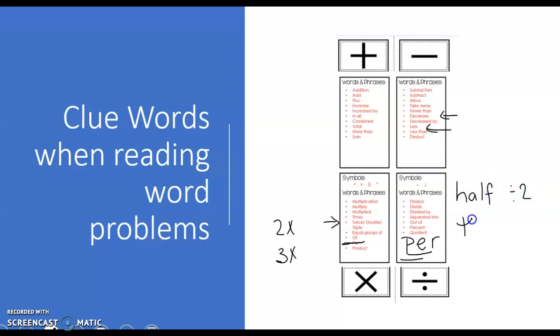If you said a third of something, you should know that word is telling you you're going to divide by 3, because 1/3 of something is the same as dividing by 3 when you remember your fractions. Okay, so get those words down because they're going to help us, and then we're going to try the problems.